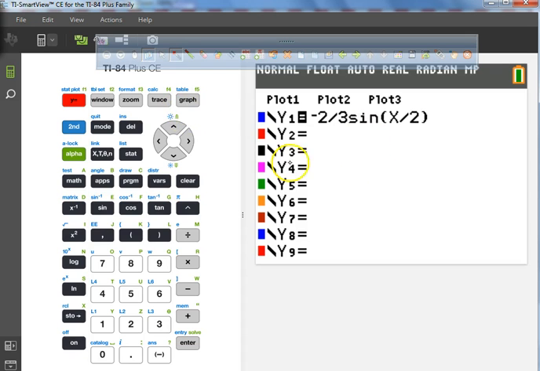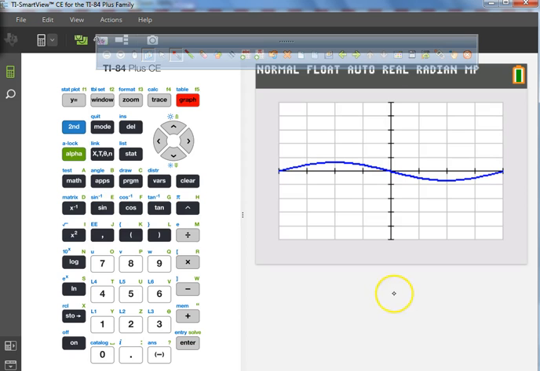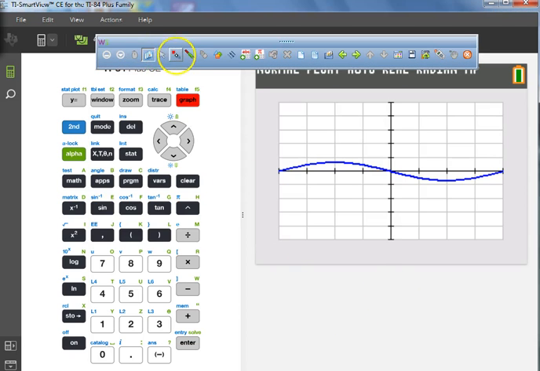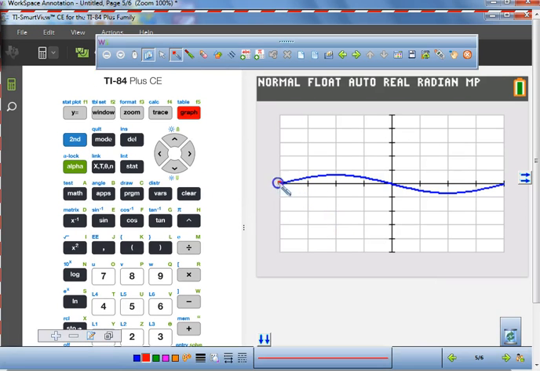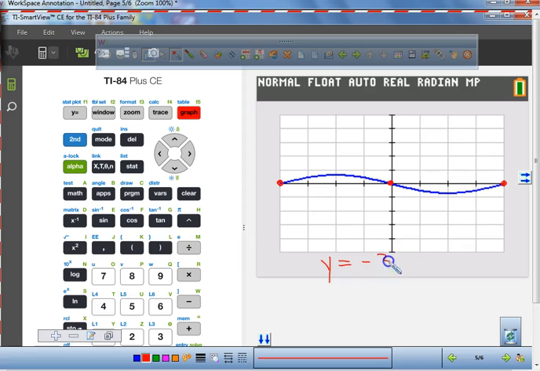There it is, yeah? There's our graph. I'll keep it right there. Not going to move it, Josiah. So, negative 2 sine x divided by 2. Okay, so if I put y equals negative 2/3 sine, I do x over 2.